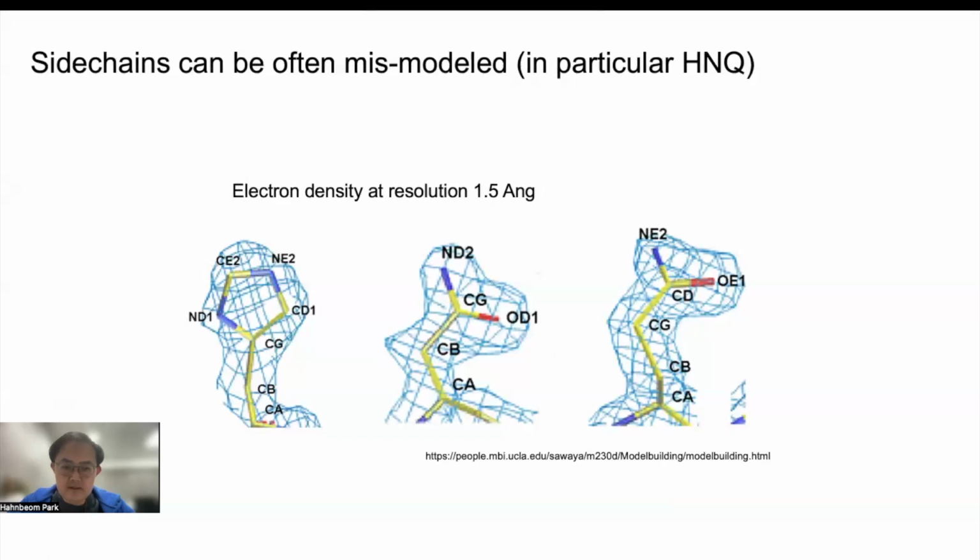And when they don't pay attention carefully, they could easily mismodel the positions of nitrogens and oxygens, or nitrogens and carbons in this case. So when you open crystal structures or EM structures, you have to be really careful in interpreting the side chains of histidines, asparagines, and glutamines.